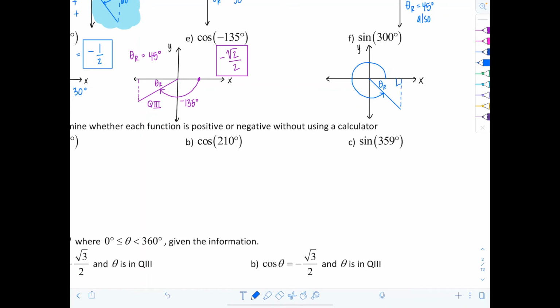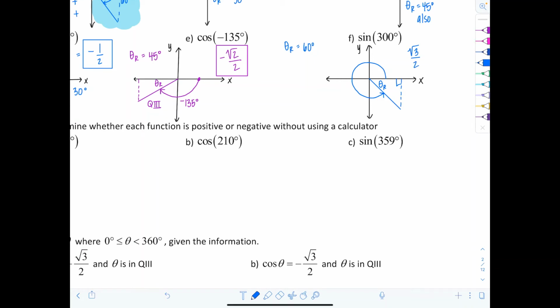The reference angle is sitting in there. How much is it? Well, just think to yourself, had you gone all the way around one complete revolution, that would be 360 degrees, but we didn't. We stopped short. We only went 300 degrees. So that means that reference angle is equal to 60 degrees. All right, do we know what sine of 60 degrees is? I hope so. It's rad 3 over 2.